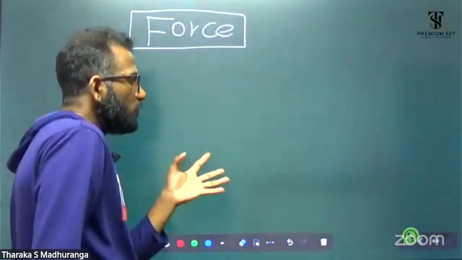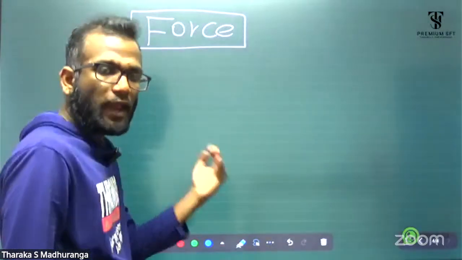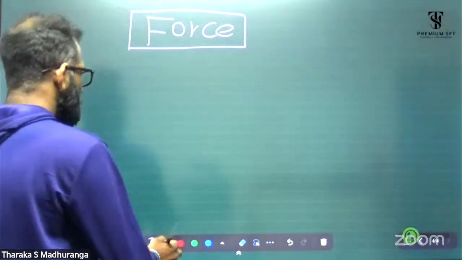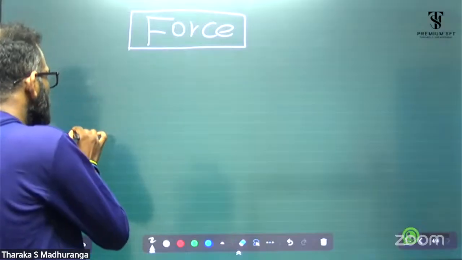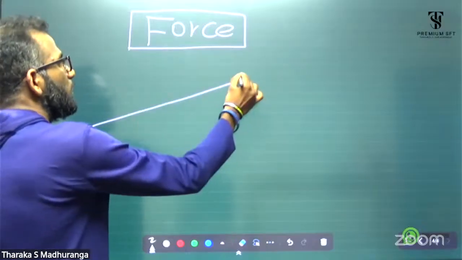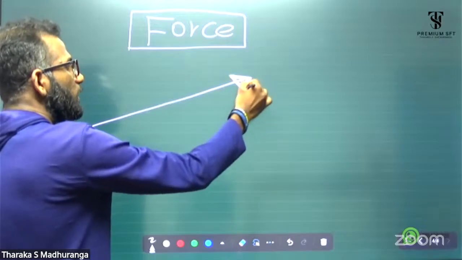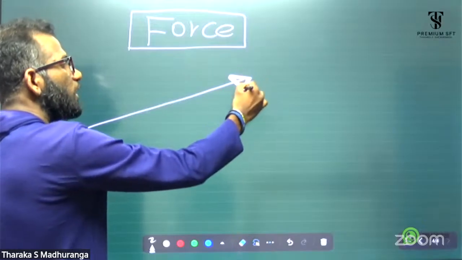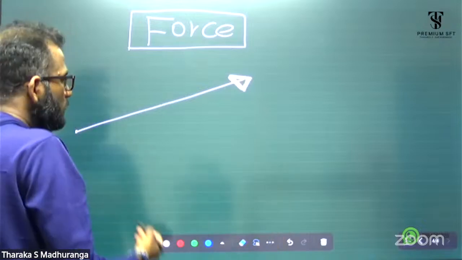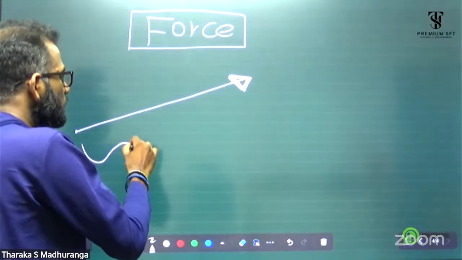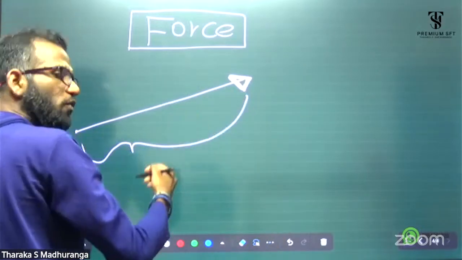Normally, force is expressed by an arrow. The arrowhead describes the direction of the force. The length of the line describes the magnitude of the force.